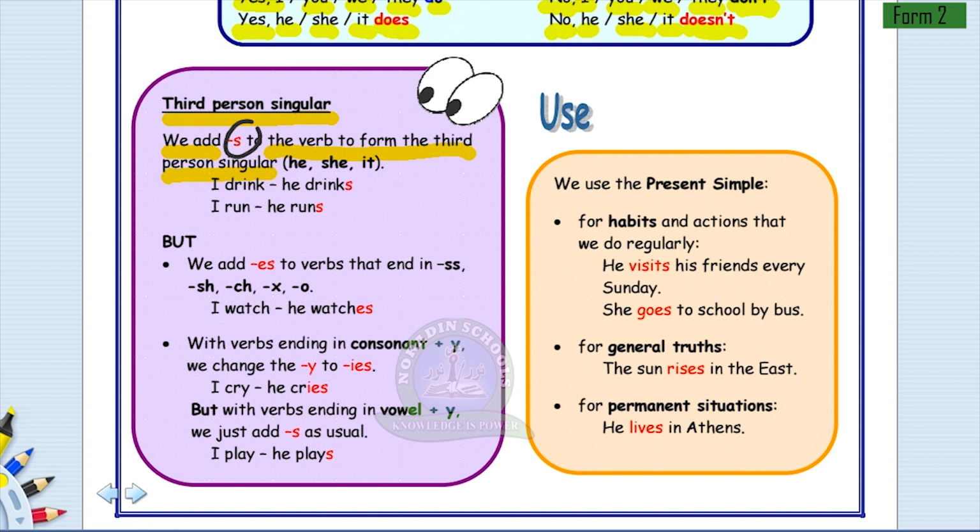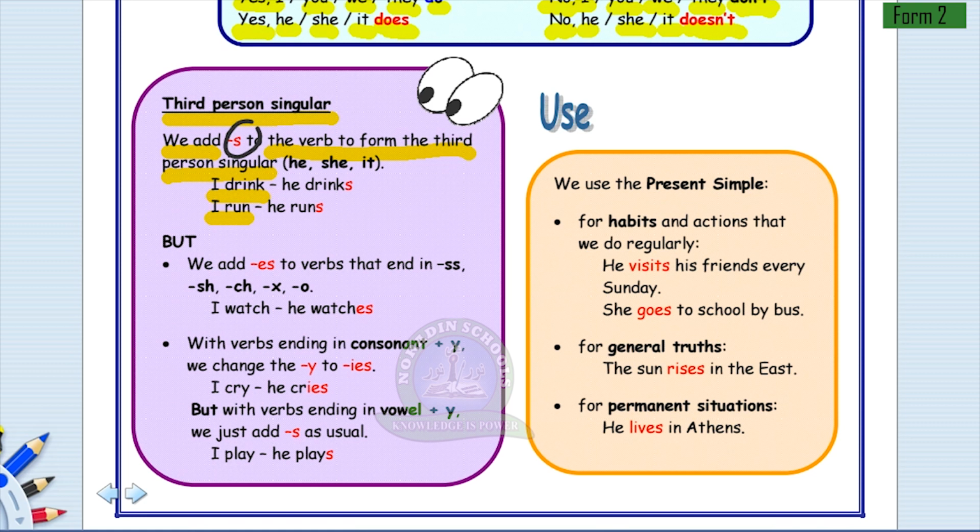For instance, I drink, I run, you run, they run.